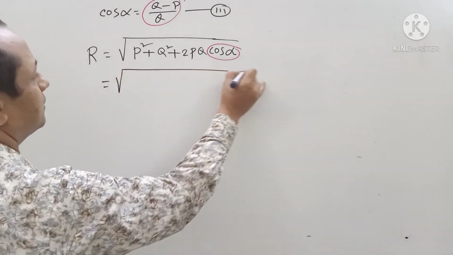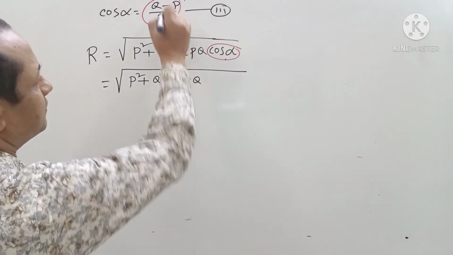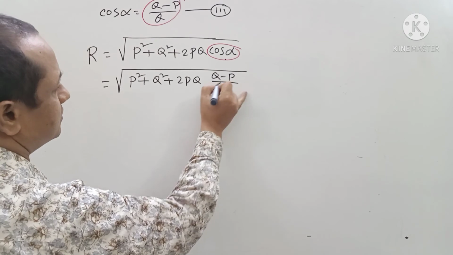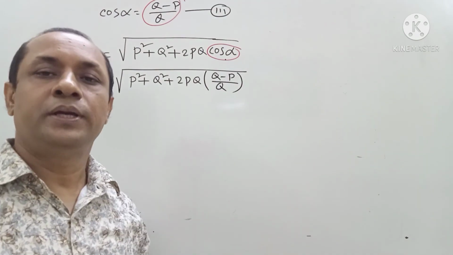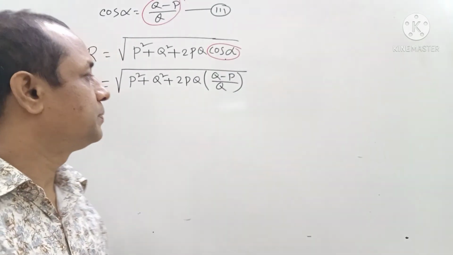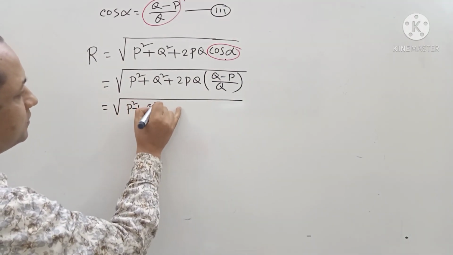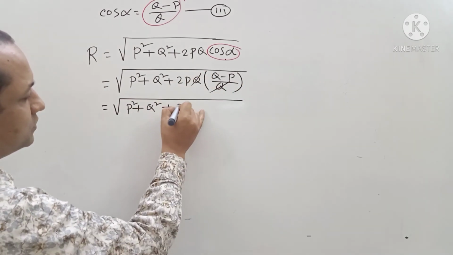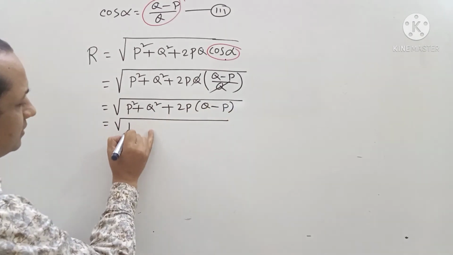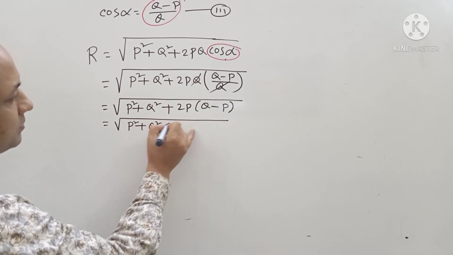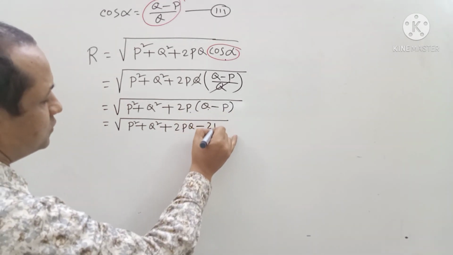So here, root over P square plus Q square plus 2PQ, and putting cos alpha equals Q minus P by Q. The Q cancels, so 2P into Q minus P. Next line, P square plus Q square plus 2PQ minus 2P square.